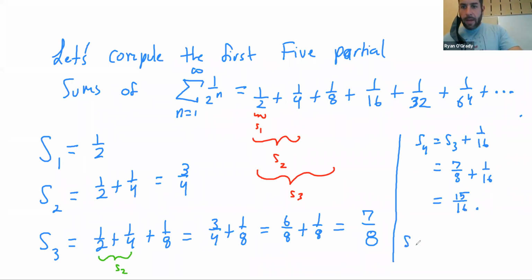And then S sub 5 will be 15/16 plus 1/32. Excuse me, 15/16 is 30/32, so that would be 31/32.